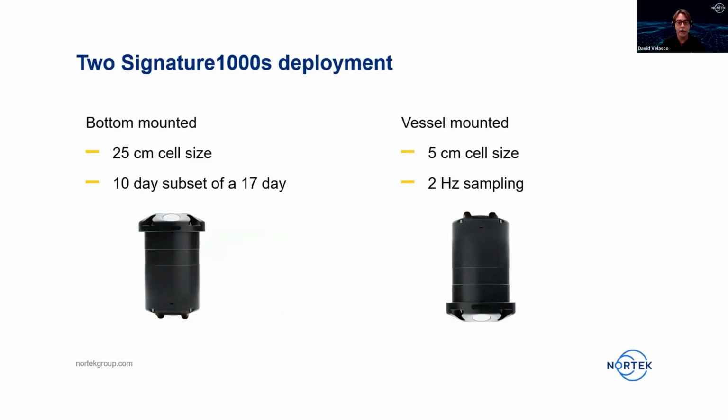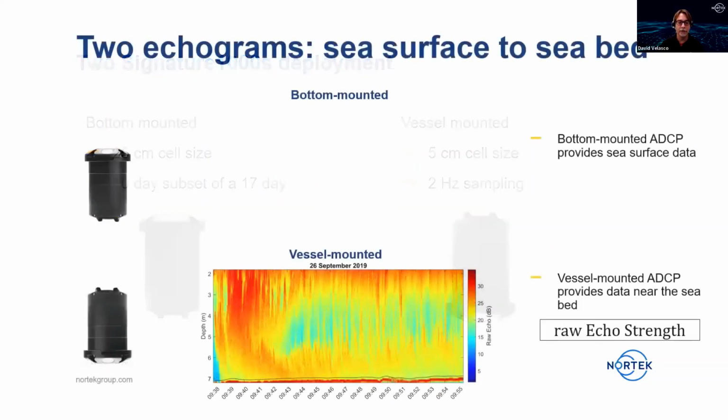I'll show you about 10 days' worth of data from an up-looking Signature 1000 system that's here on the left, using a 25 centimeter cell size. And at the same time, we also had a down-looking system, an identical system mounted on the vessel, but sampling faster with much higher resolution, and of course with the echo sounder mode. So I'll be able to show you how these two data sets come back.